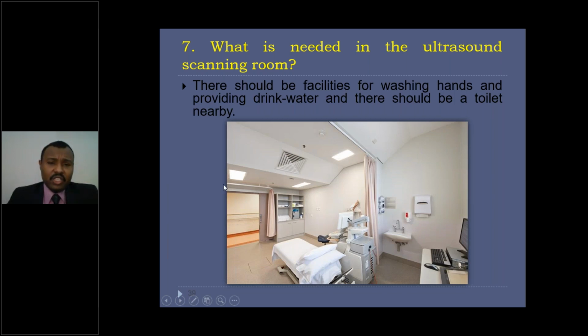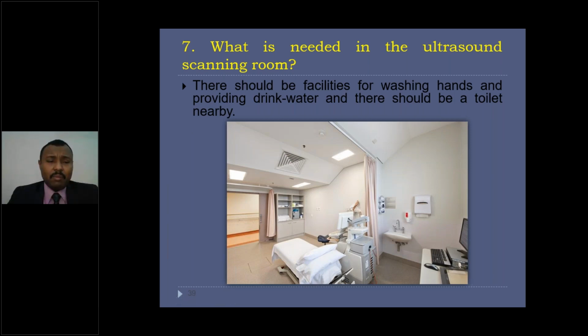Also, there is ventilation with adequate lighting. All this information that I mentioned is the suitable designation of an ultrasound scanning room, and let me put the information in the right order by saying that there should be facilities for washing hands, provided drinking water, and there should be a toilet nearby.